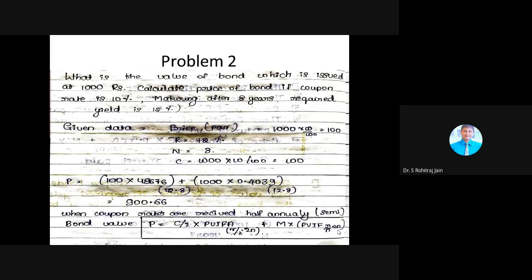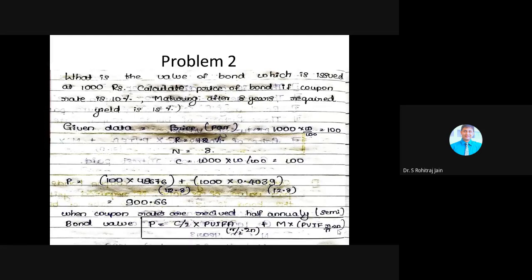Then how do we calculate the price of the bond? Please note that P, the price of the bond, is equal to C divided by 2 multiplied by PVIFA(R divided by 2, 2N). Why C divided by 2? The coupon interest is paid twice in a year, so it becomes C divided by 2. Why R divided by 2?